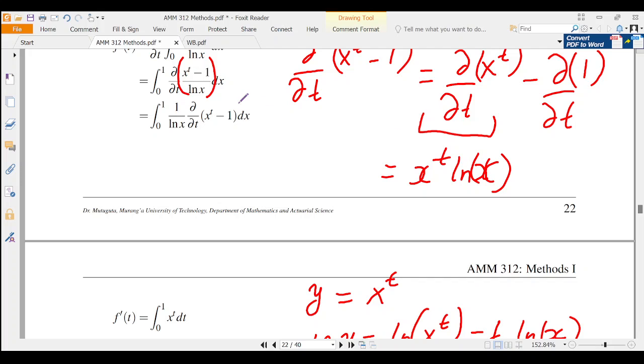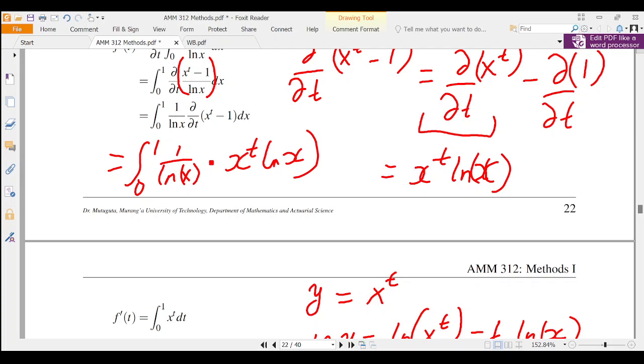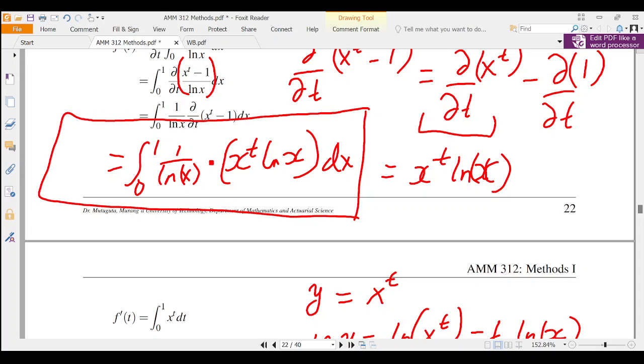So we are going to get the integral from 0 to 1 of 1 divided by logarithm of x times x raised to power t logarithm of x, and then we integrate with respect to x. This is our expression, which is f prime of t.